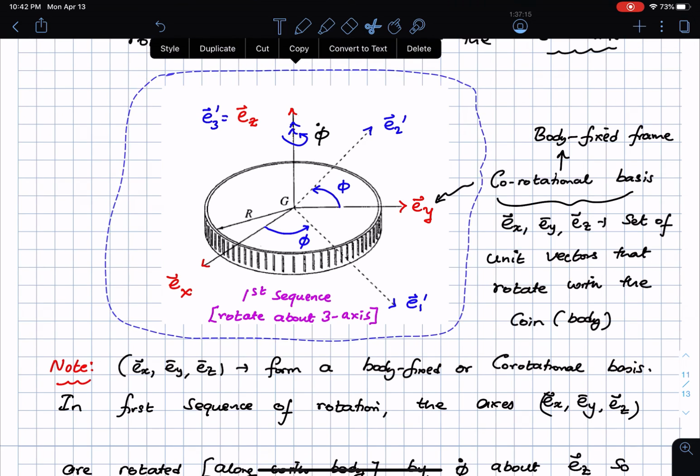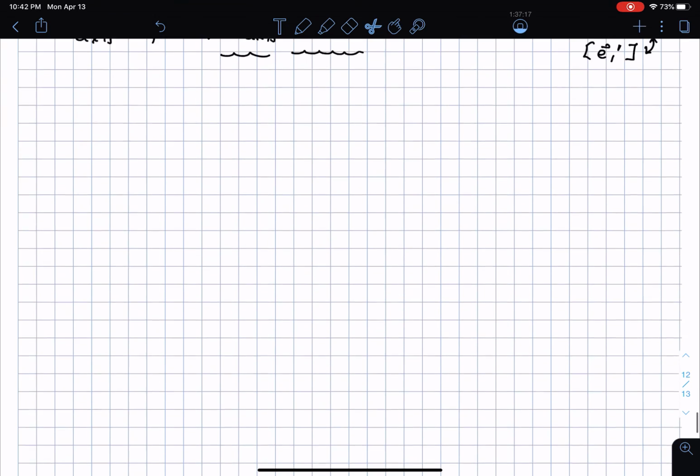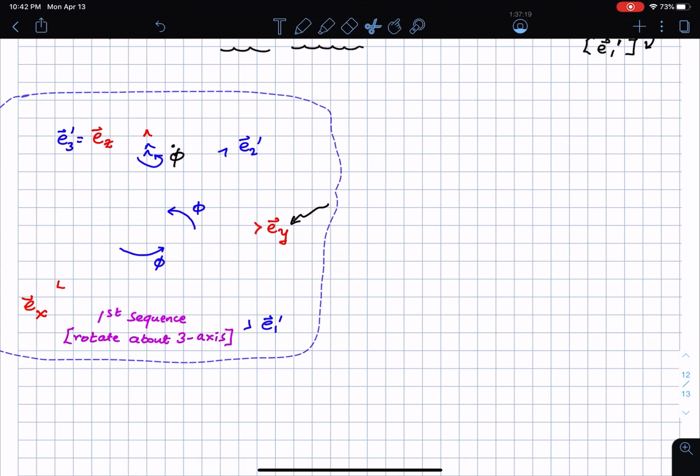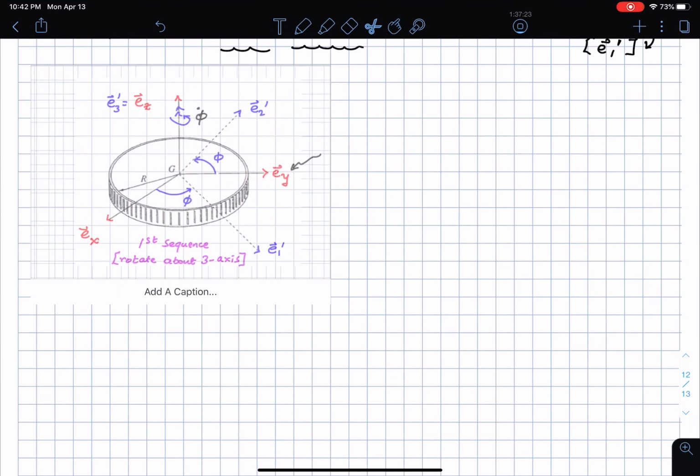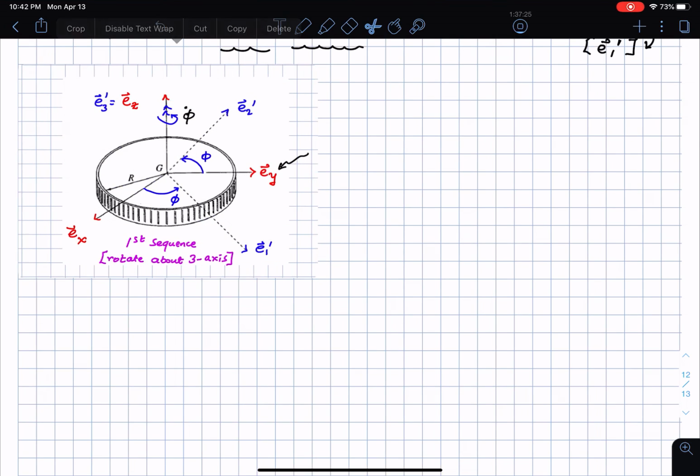Then I can come back here and paste it. So that's one thing that we had already done.